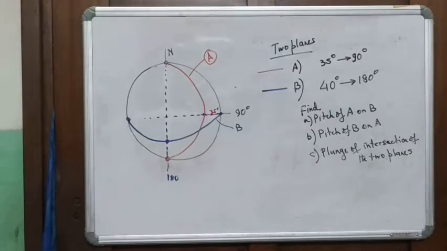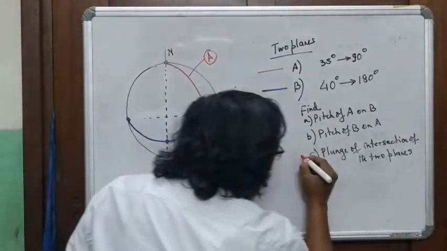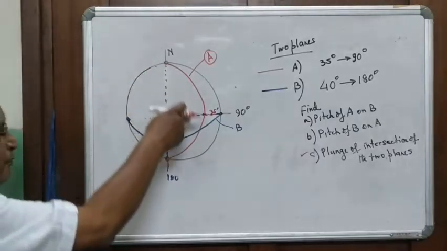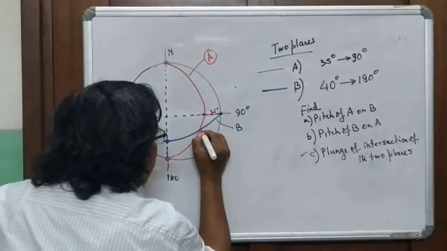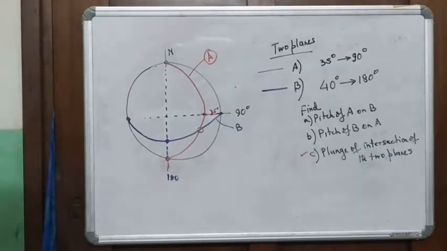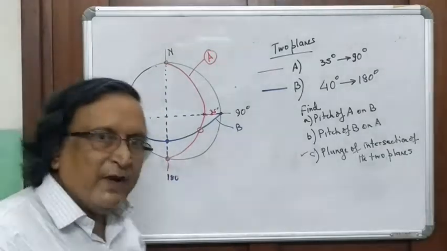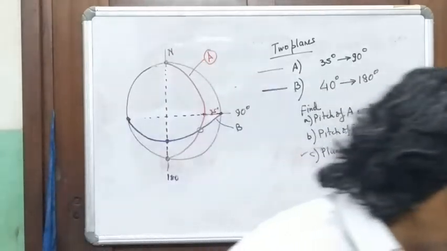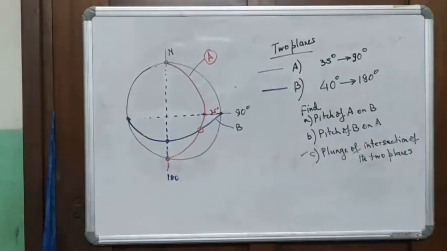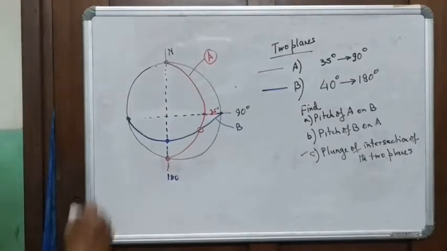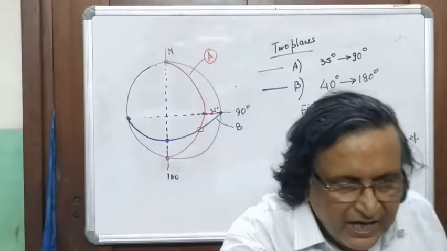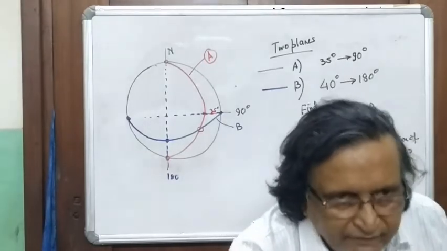Now let's answer the last question. You see, the 2 planes intersect at this point. Yes or no? There is only 1 point where the 2 planes intersect. Have you understood? Yes or no? Right. So if that is so, I have to find out the plunge, isn't it? Plunge is measured from a line from the horizontal on a vertical plane.